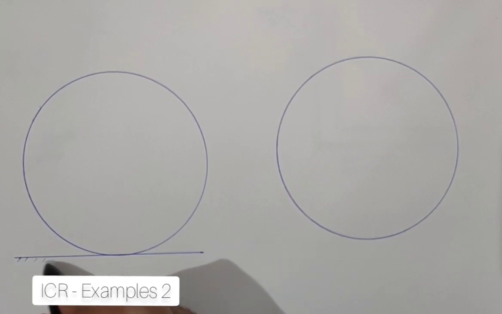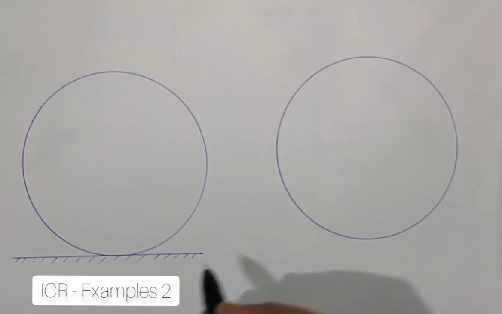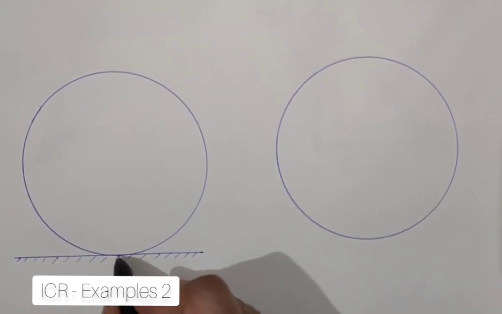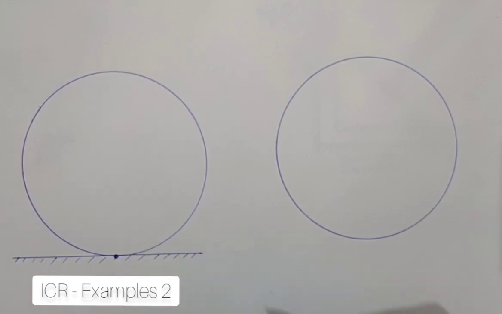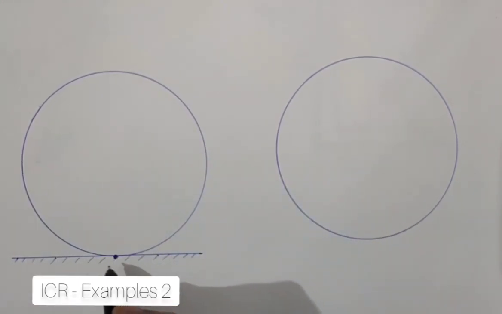This could be acting as a horizontal surface for me from where the roller is rolling. Now one thing you have to note is that it is rolling without slipping, which means that whenever this roller is having contact with the surface, there will be no relative velocity whatsoever, which means that this roller is exactly at a steady position when it is in contact with the surface at this given point.